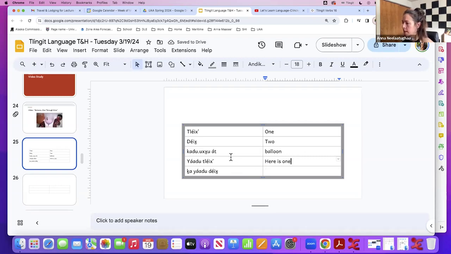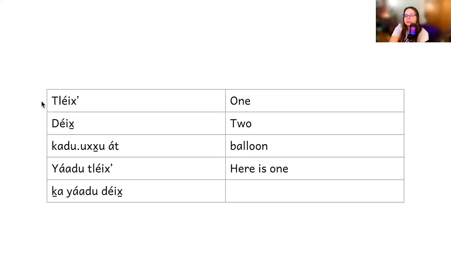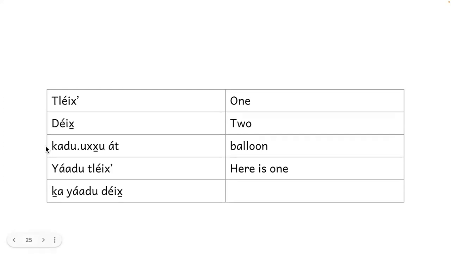So repeat these phrases after me just to recap. Kleeg, deeg, and this one, kadu at. Kadu at. Good.